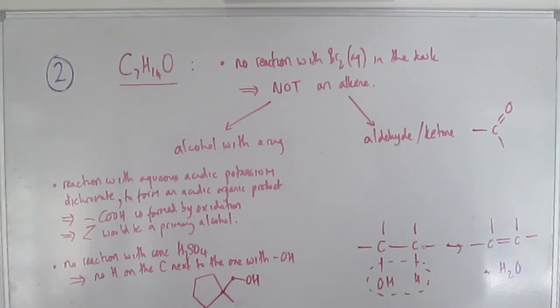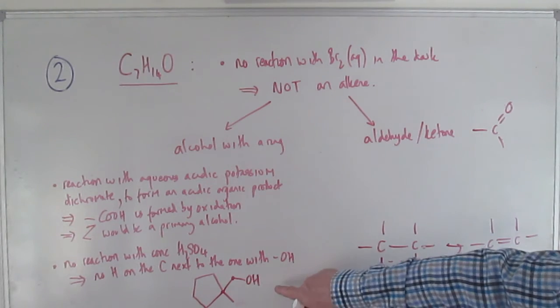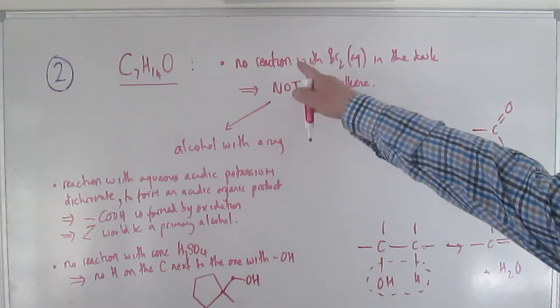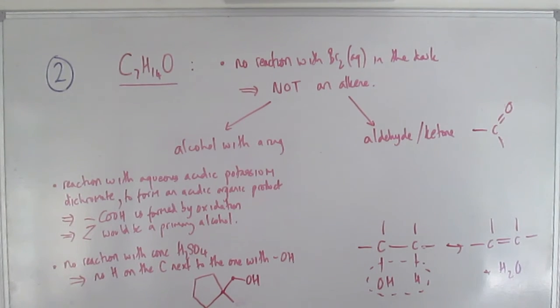So that would be a possible answer. You could come up with other possibilities with smaller rings, and if they meet all those criteria, then those would be fine as well. But that is one possible type of answer, and you just would need to make sure you'd accounted for all of these things and explained clearly what each one meant.